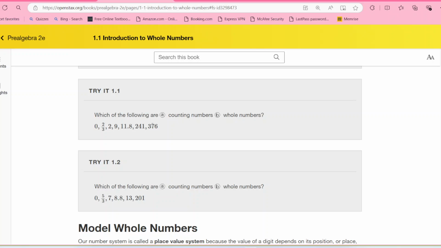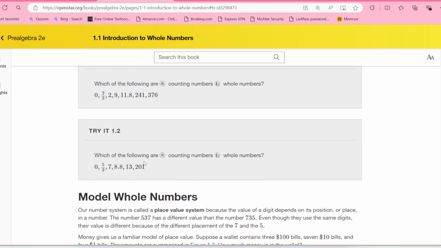All right. And then Try It 1.2. Same type of problem. Which of the following are A, counting numbers, B, whole numbers? So again, 0 is a whole number, but not a counting number. It's the only one.